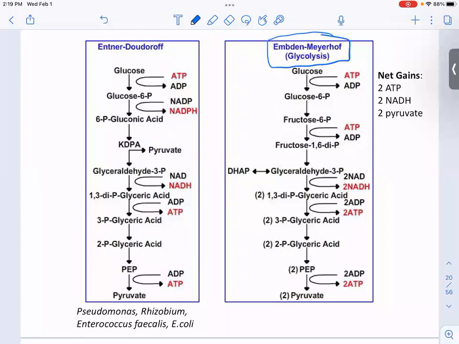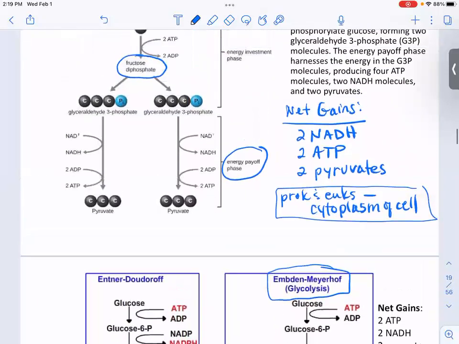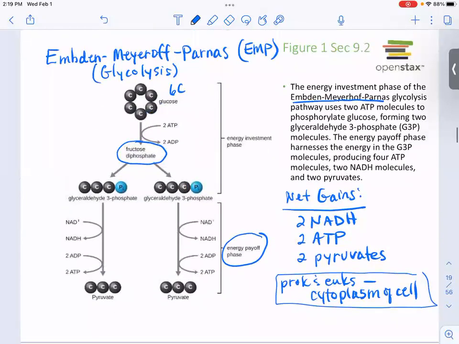Actually, let me step back just a second, because there was something I forgot to say. I talked about how a lot of the pathways of metabolism are actually amphibolic, that they can proceed in either direction. This is one.